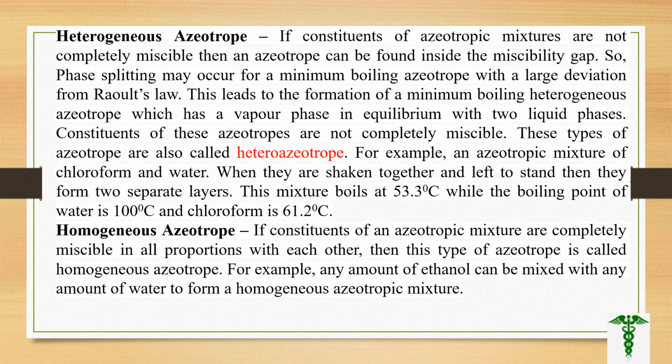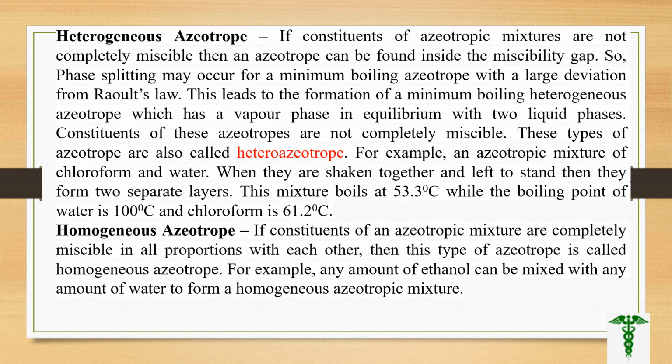Example is chloroform and water. When we mix chloroform and water, shake, and leave to stand, it forms two separate layers, and this mixture boils at 53.3 degrees Celsius, while the boiling points of water and chloroform are 100 degrees Celsius and 61.2 degrees Celsius. That is the third type.